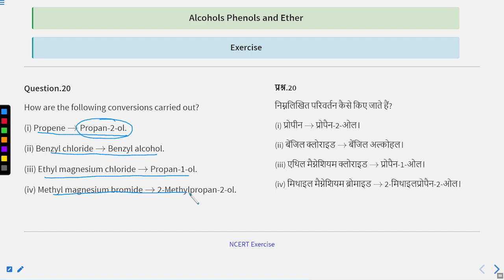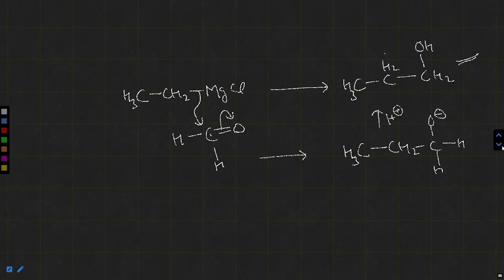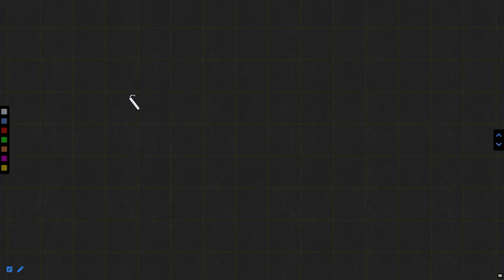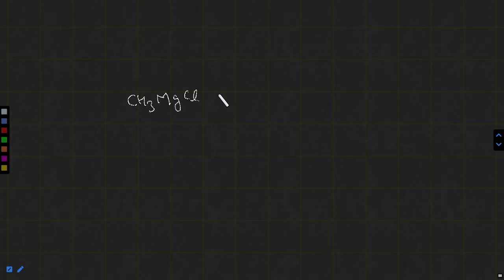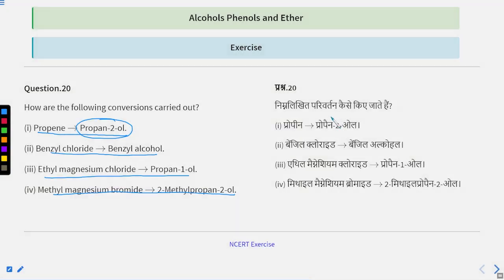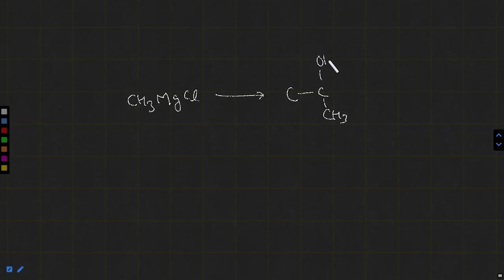Methyl magnesium chloride to 2-methylpropan-2-ol. So at 2 position we have methyl, and at 2 position we have alcohol.